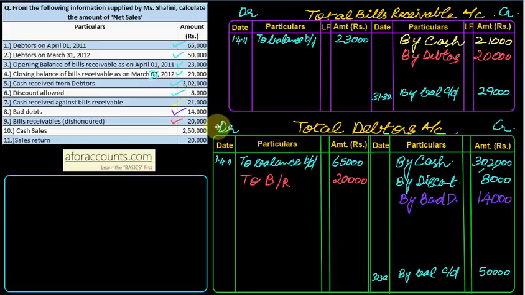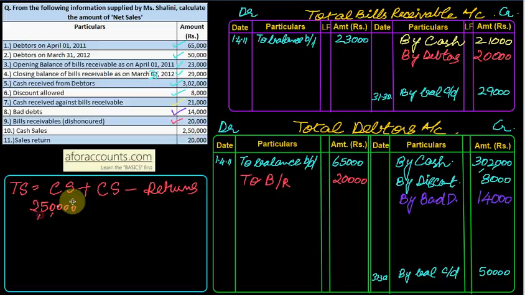Now you have been given cash sales. Cash sales have nothing to do with debtors, but total sales is asked. So remember, your total sales is equal to your cash sales plus your credit sales minus your returns. Cash sales is given as 2,50,000.